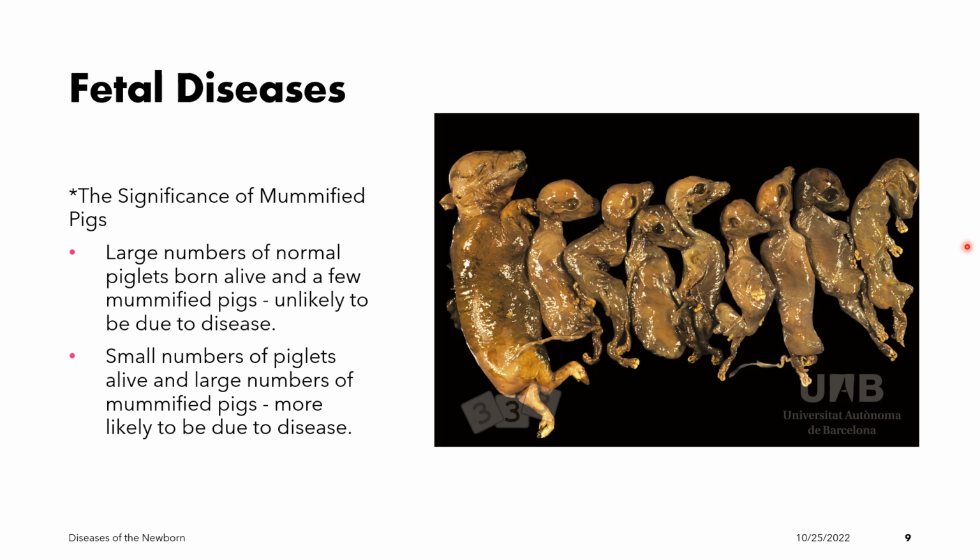If, however, the litter size is 6 born alive, 2 dead, and 4 mummified, this could indicate that the disease during the pregnancy could cause the mortality.